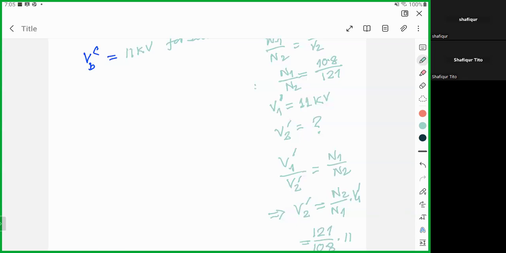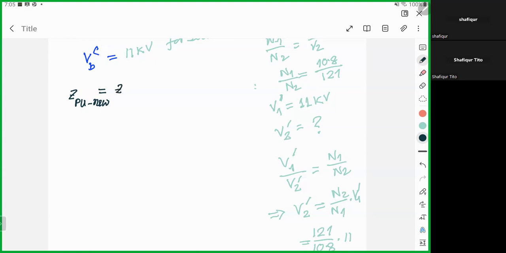So we need actually two formulas for the whole calculation. One is ZPU new is equal to, that means per unit transformation, old per unit to a new per unit because of the change of the bases.